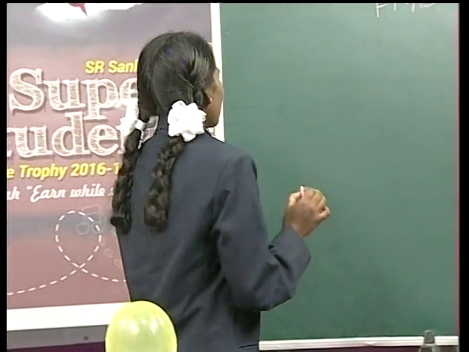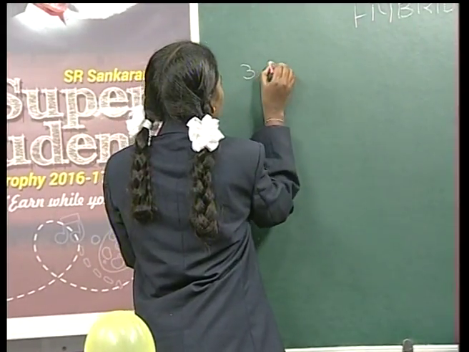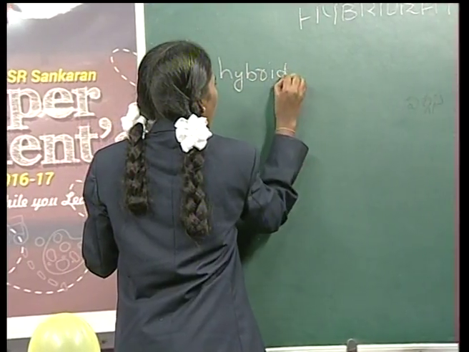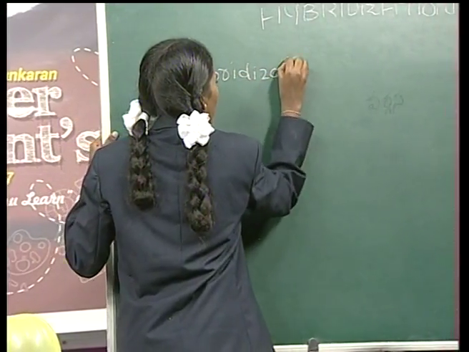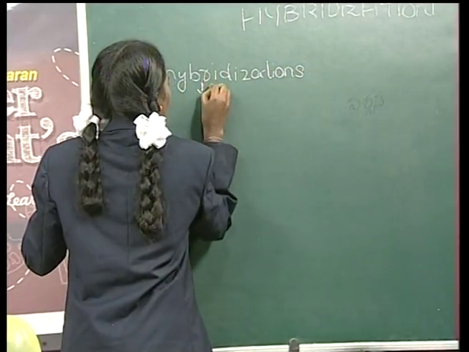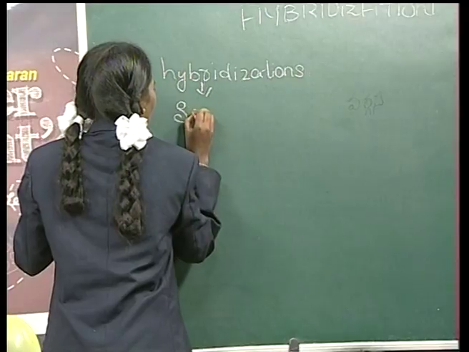You are right, there are 3 types of hybridizations involving s orbital and p orbitals.